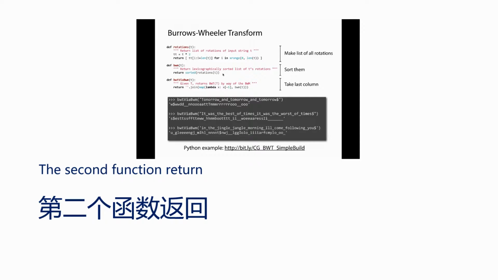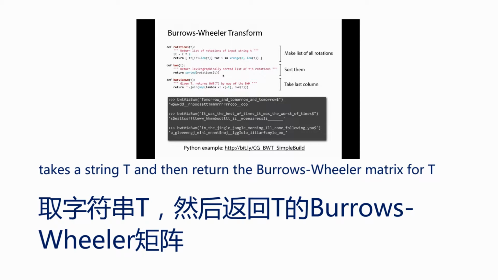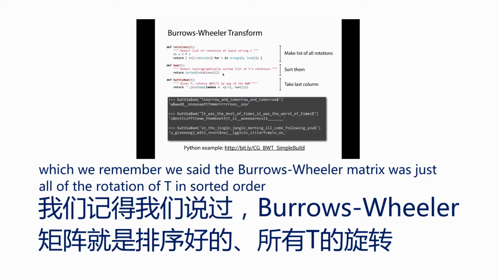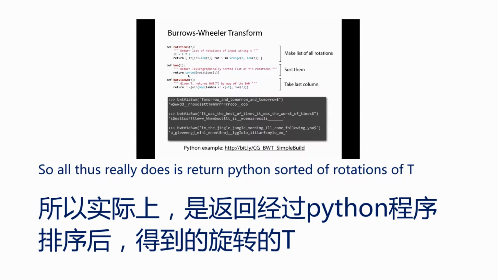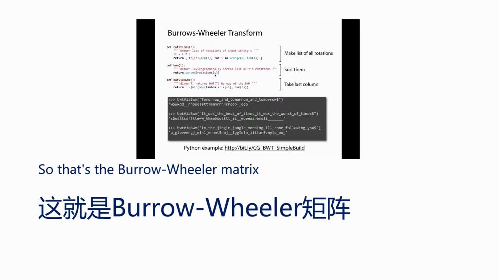This second function takes a string t and then returns the Burrows-Wheeler matrix for t, which, remember, was just all of the rotations of t in sorted order. So all this really does is return Python sorted of rotations of t.